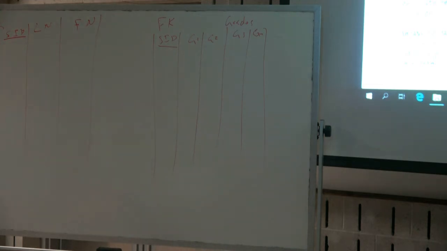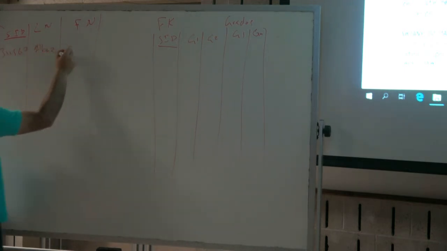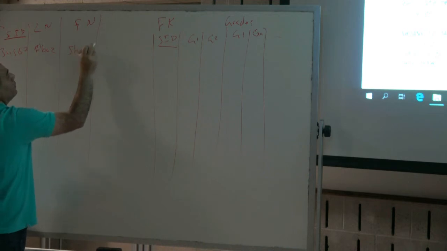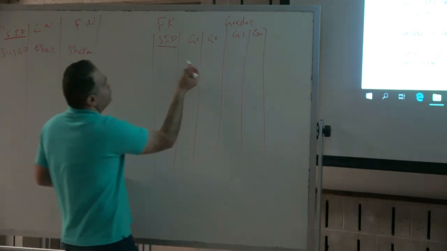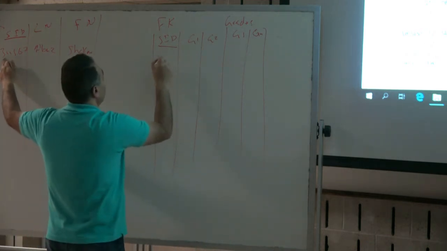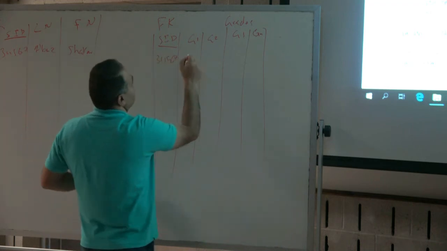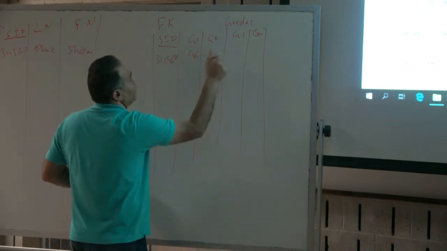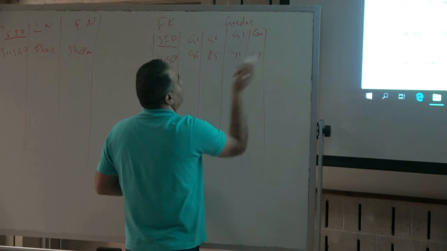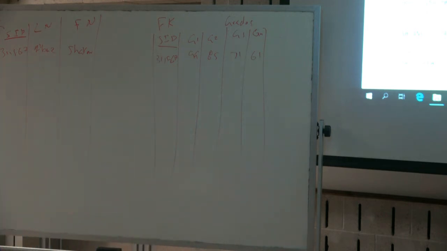So if I have, for example, student IDs 3, 4, 5, 6, 7 with names, and the grades in here for the same IDs 3, 4, 5, 6, 7, with grades 99, 85, 71, 61. If I need to get the grades of this person, what do I have to do?